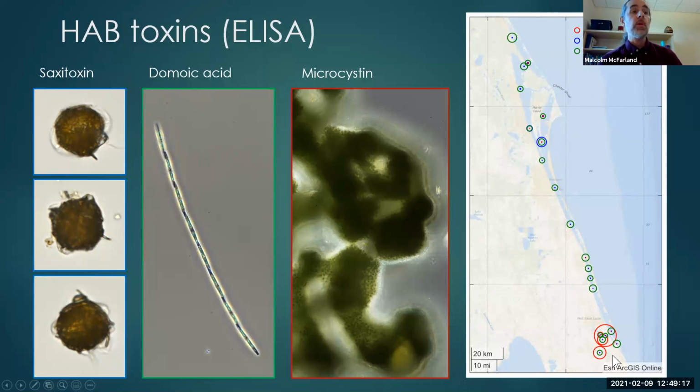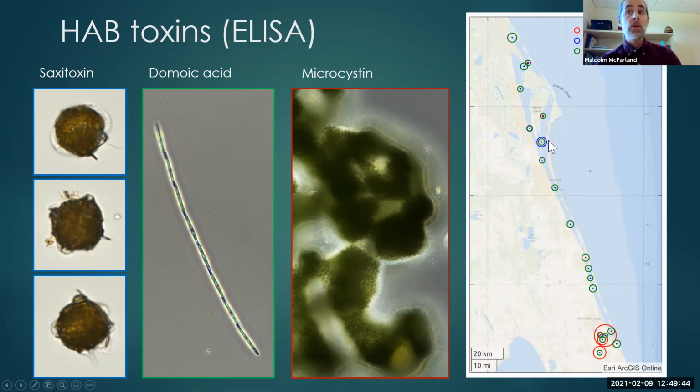And this is an example of some of that data. This microcystin, which is associated with the Microcystis aeruginosa that comes from the lake, which I was telling you about, you can see in these big red circles down here. That's where we're seeing that toxin, which makes a lot of sense because that's where we're seeing the Microcystis. The saxitoxin, which comes from that Pyrodinium that I was talking about, we can see up here in the Banana River.